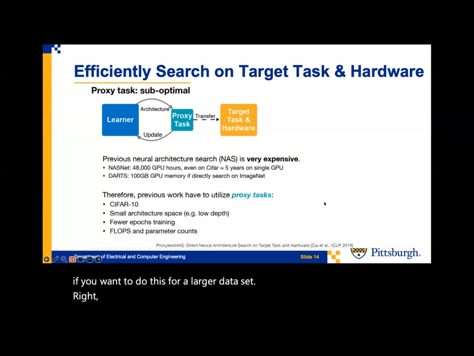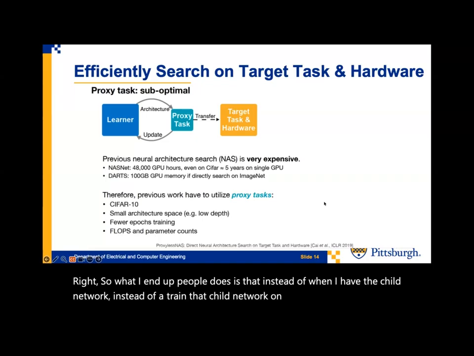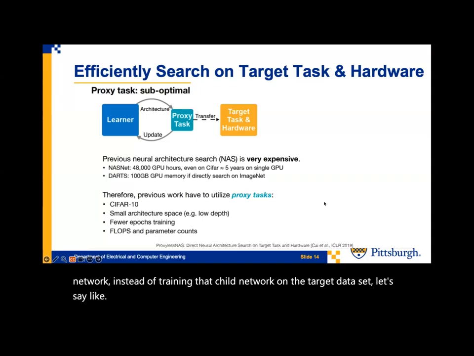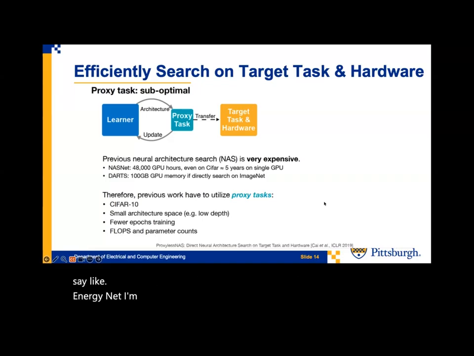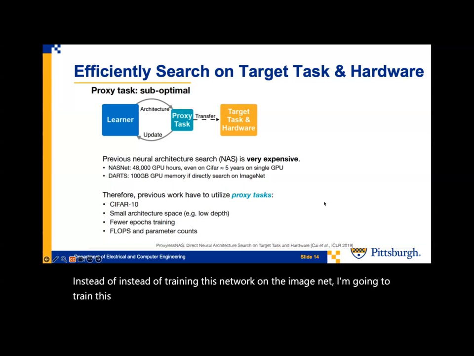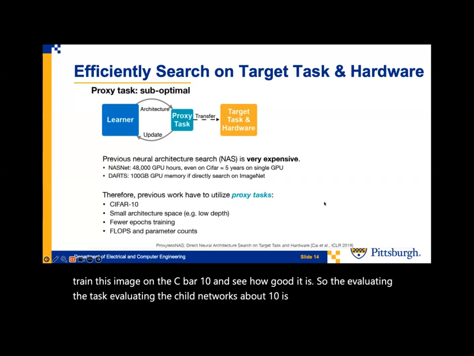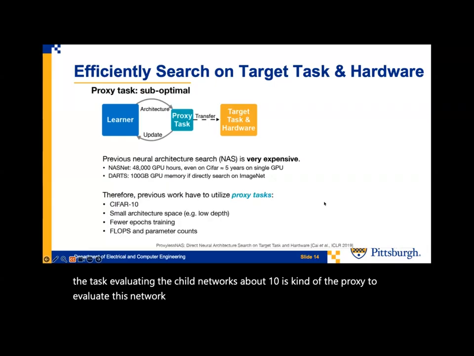So what people end up doing is, instead of training that child network on the target data set, let's say ImageNet, I'm using a smaller data set as a proxy task to evaluate my child network. Instead of training this network on ImageNet, I'm going to train it on CIFAR-10 and see how good it is. So evaluating the child network on CIFAR-10 is a proxy to evaluate this network on the bigger ImageNet. So that's the idea, right?